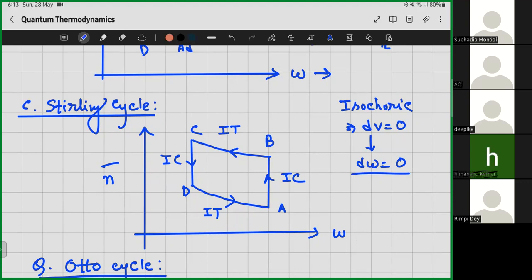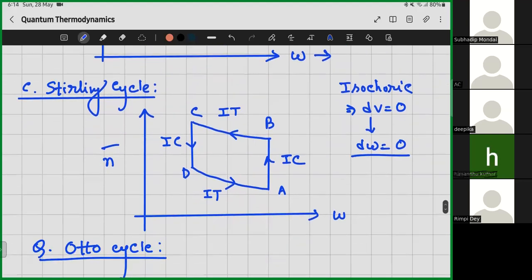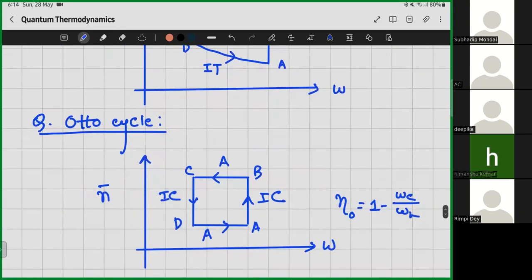Yes, for the quantum level, the description of the isochoric process is most difficult. Adiabatic and isothermal are relatively easy. Just like the Otto cycle looks simple, but we have no idea how to define the isochoric part. Mathematically it's easier, because we just put d omega equal to 0.